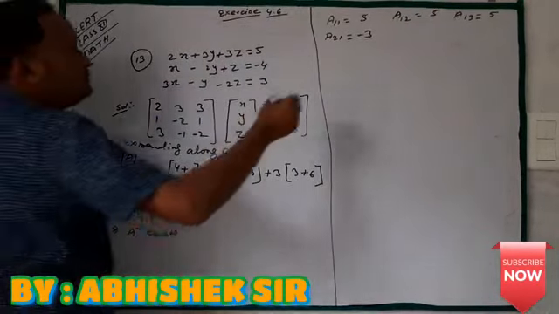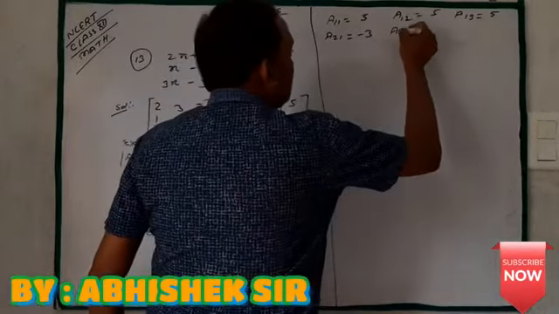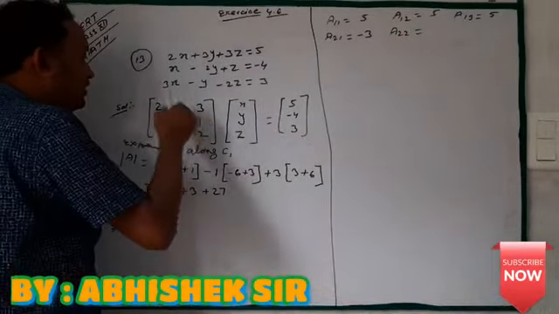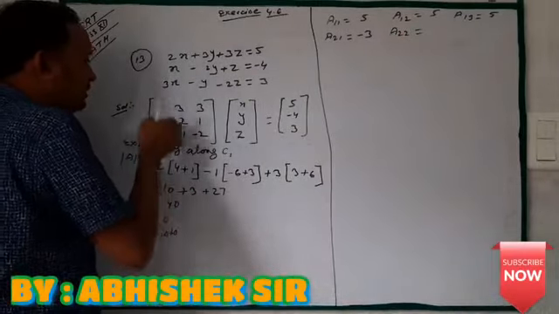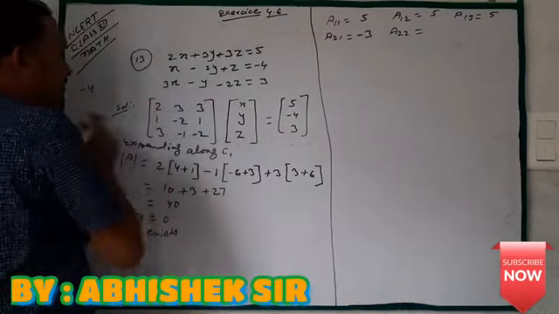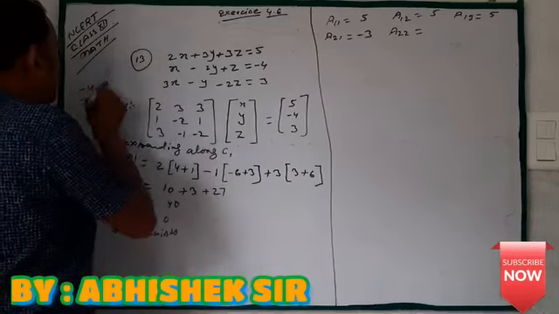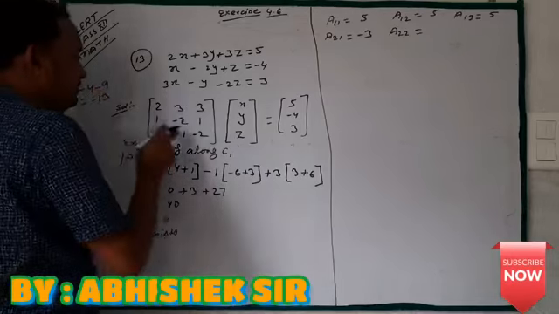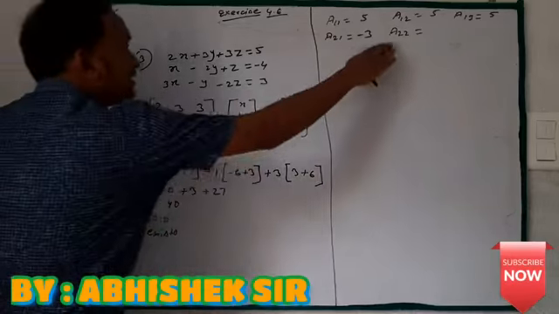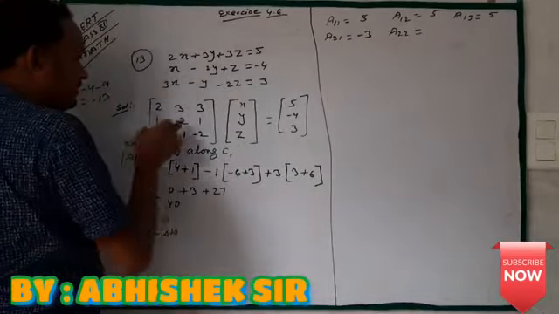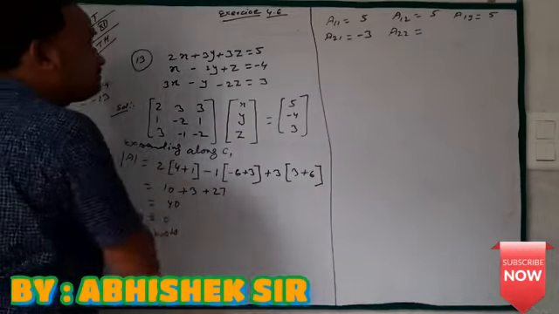Second row second column, we have to hide second row second column, minus 4, minus 9, this is minus 13.